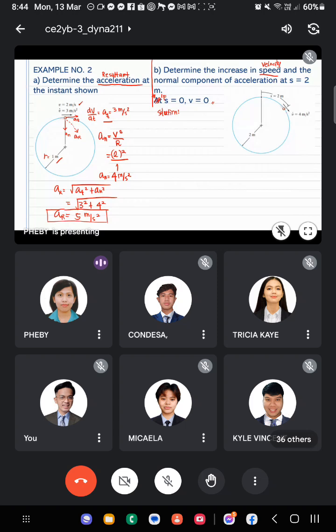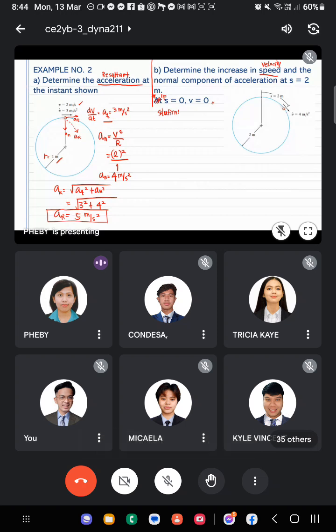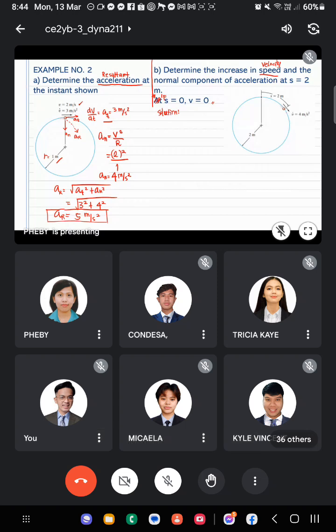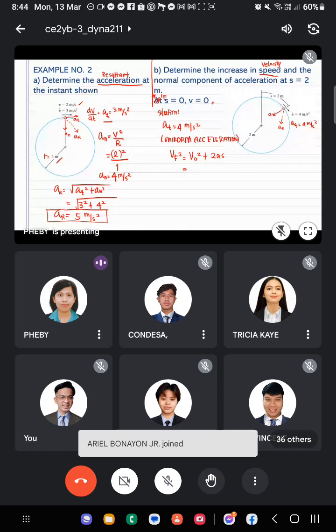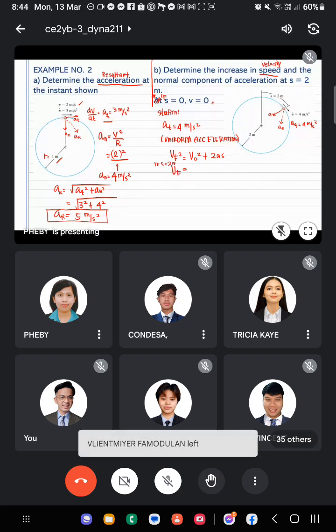So for uniform acceleration, our final velocity squared is equals to initial velocity squared plus 2as. So ang hinahanap is increase of speed. So kapag daw yung ating s is 2 meters na, ano yung kanyang magiging final velocity? Final velocity squared if s is 2 meters.